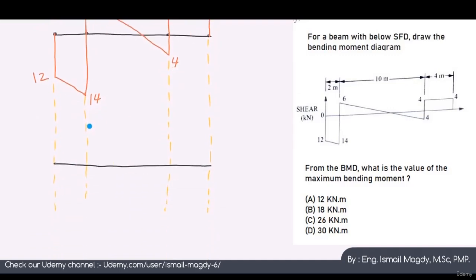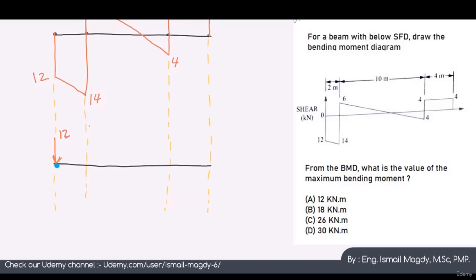Let's start from the left side. We have this shear force diagram. It is going downward with the value of 12 kilonewton, from the left side, which means we have a vertical force of 12 kilonewton going downward here. So this is our first force here.